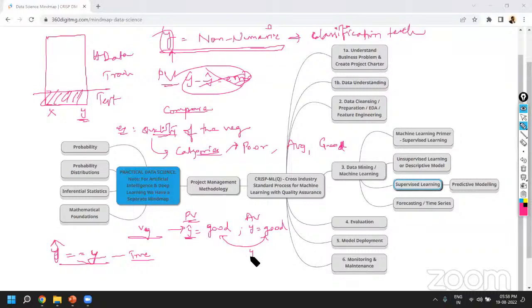But if the output variable is, let's say, average, assume the actual value says it is average, but what we predicted was good product, good category. So our classification model says that the product is good. This is your predicted value. The actual value is average.